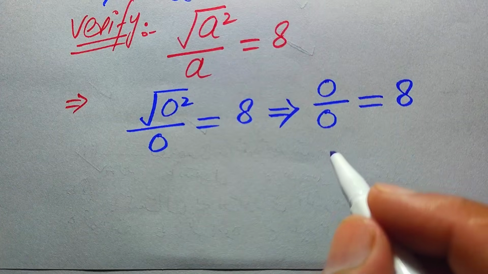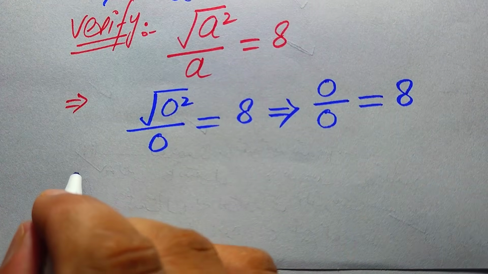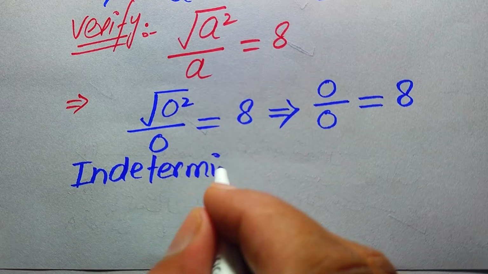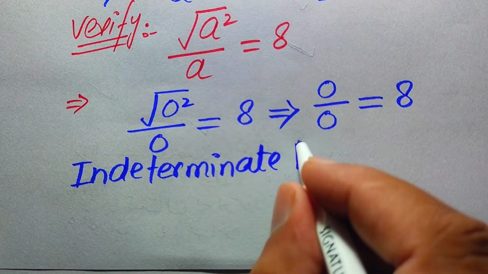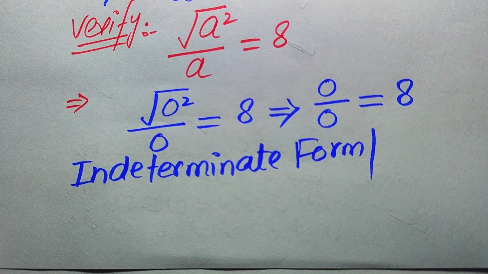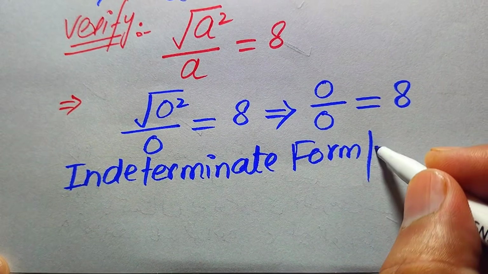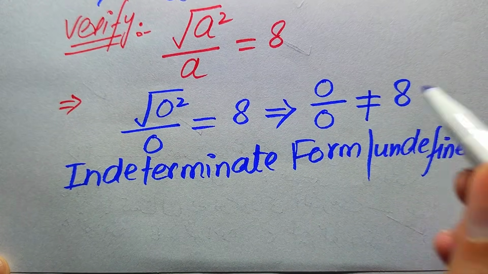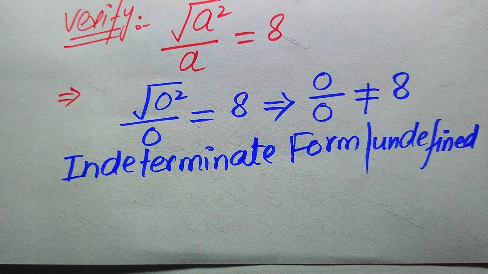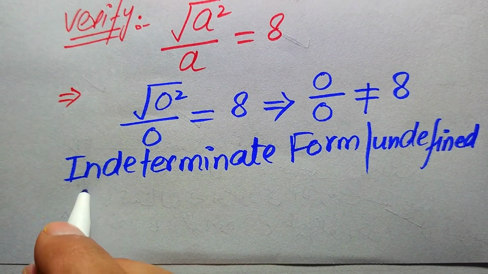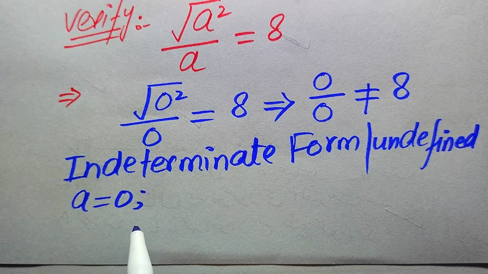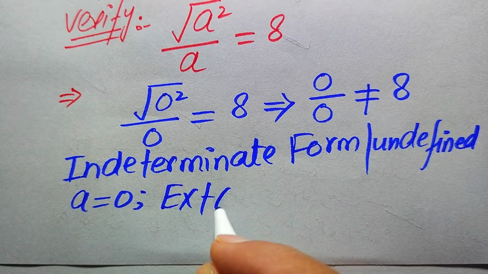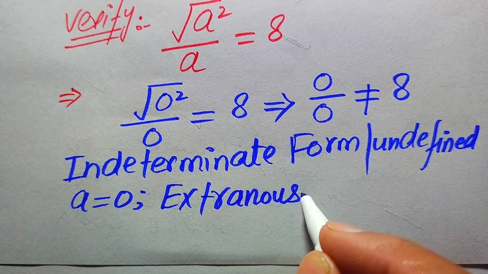So in the left hand side you get 0 over 0 form. It is usually called the indeterminate form, or in other words we say the undefined form. If this is an undefined form, this means that both of the sides are not equal, and this concludes that a is equal to 0 does not satisfy our given question statement, and we call a is equal to 0 the extraneous root of the given equation.